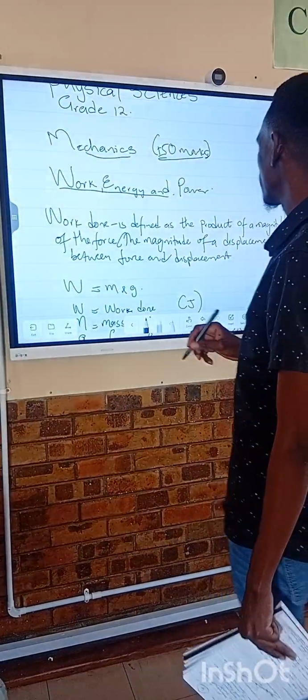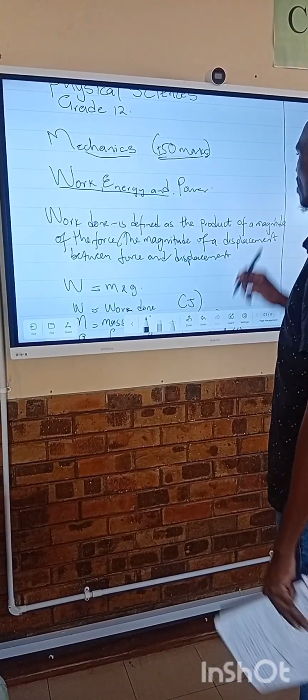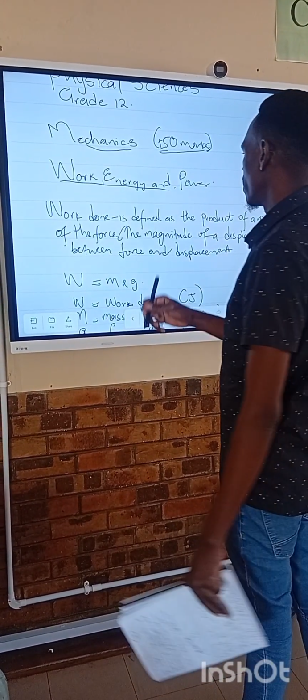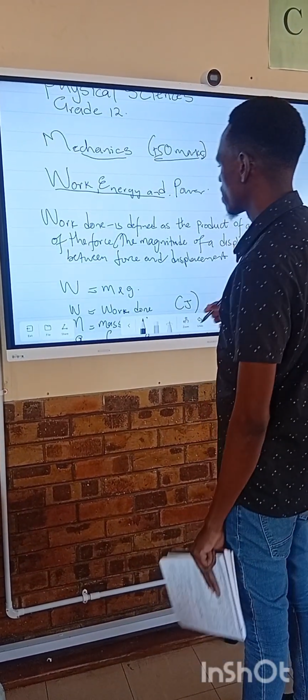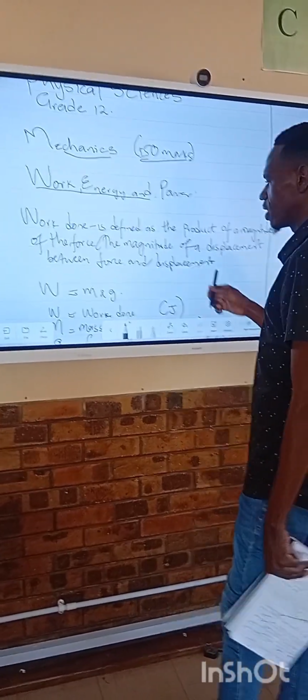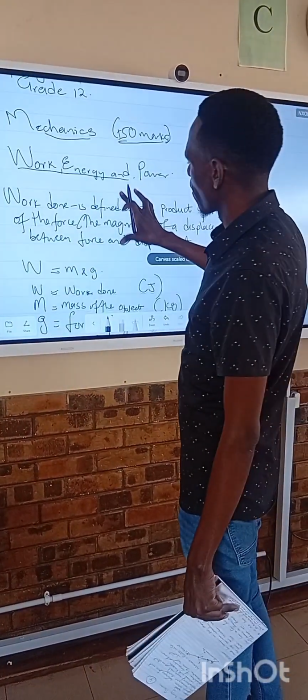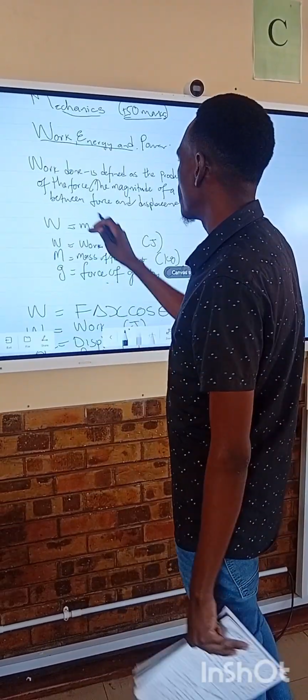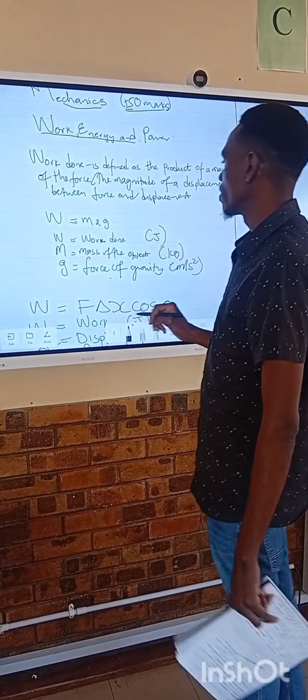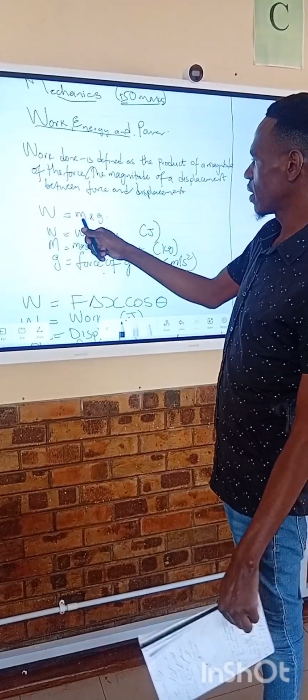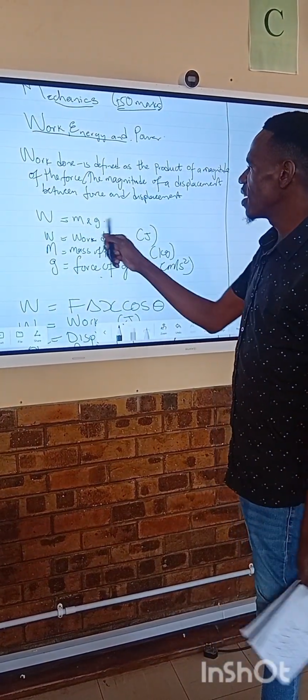The work done is defined as the product of the magnitude of the force and the magnitude of the displacement between the force and the displacement. For example, when work is done on an object, we have the mass and the force of gravity.